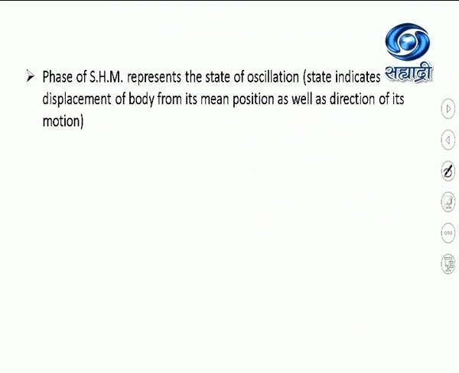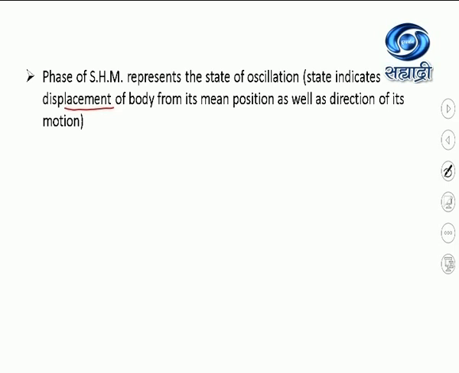The phase of SHM represents the state of oscillation. The state of oscillation indicates the displacement, that is either x or y, which is always measured from the mean position.